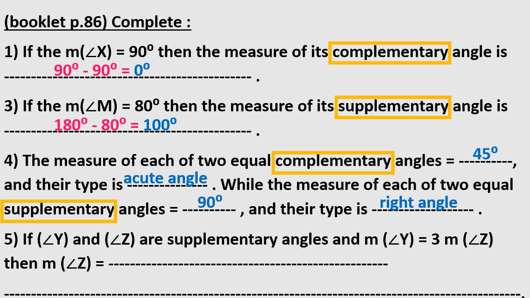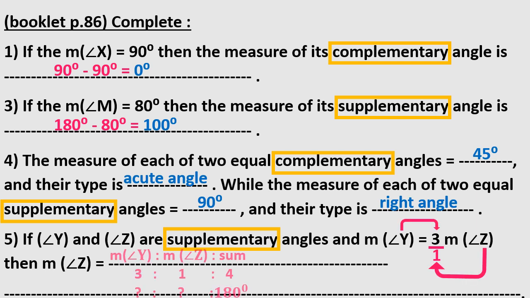If angle Y and angle Z are supplementary angles, and measure angle Y equal 3 times measure angle Z. Y and Z supplementary, it means 180. So here I will solve as a ratio like in primary 6. Measure angle Y 3, measure angle Z 1.